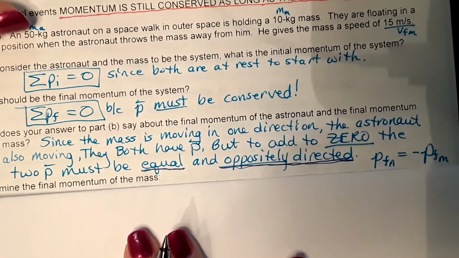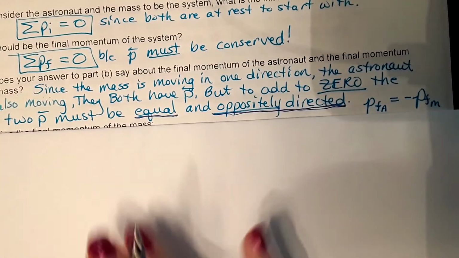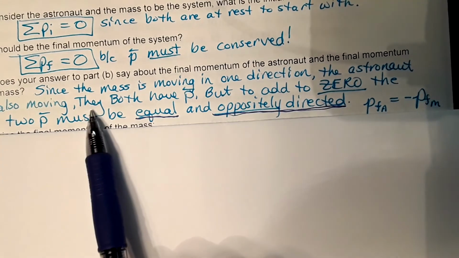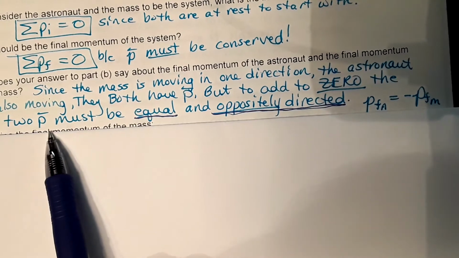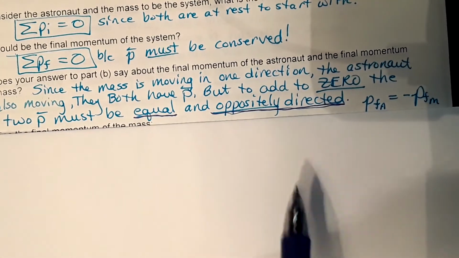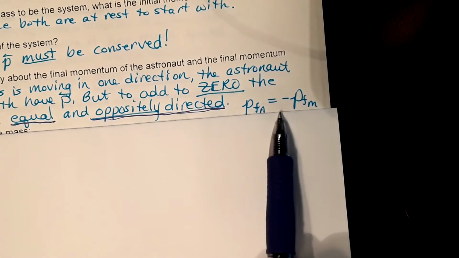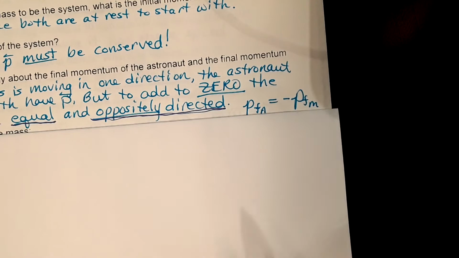And I believe that's what I say right here. Since the mass is moving in one direction, the astronaut is also moving and they both have momentum. But to add to zero, the two momenta must be equal and oppositely directed. So the final momentum of the astronaut would be equal but oppositely directed to the final momentum of the mass that he threw.